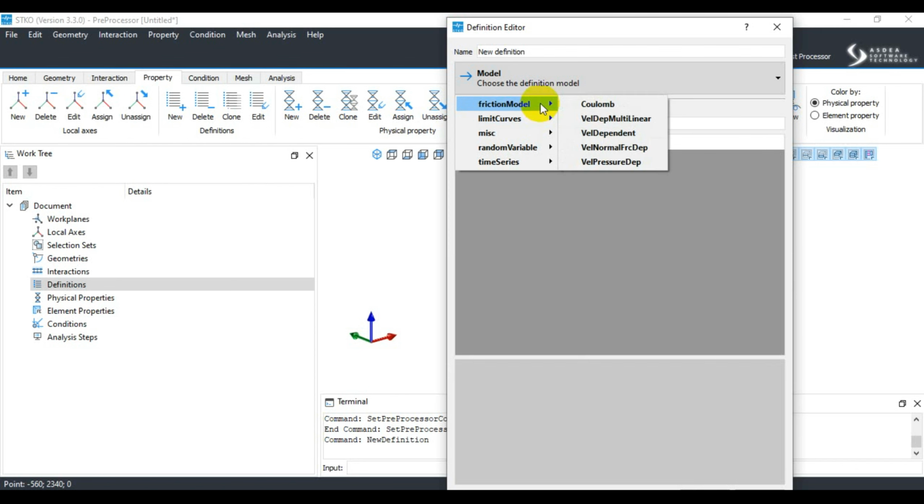In the previous category for the friction models, we discussed these five terms, and in detail, I somehow explained how the syntax can be written for this environment. And now, in this video, I am going to discuss the limit curve.